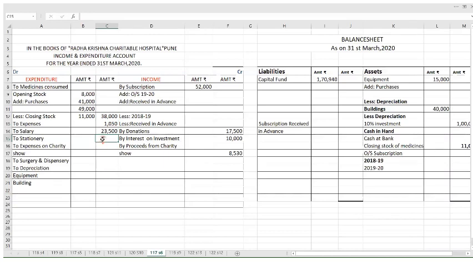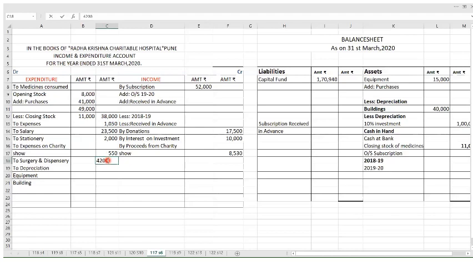Amount is 2,000. Then the next buy expenses on charity show, it will transfer to the debit side to expenses on charity show. Amount is 550. Then next buy surgery and dispensary expenses, so we're going to transfer to the debit side of income and expenditure to surgery and dispensary expenses, 4,200 in the outer column because adjustment is not there.